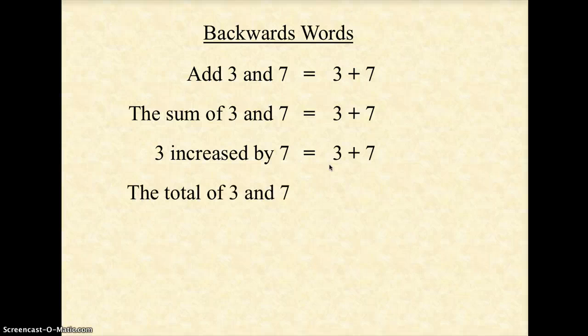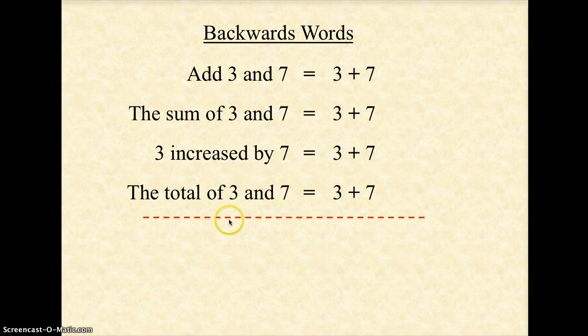How about the total of 3 and 7? You may still write it as 3 plus 7. Of course you can write 7 plus 3, it doesn't matter, but we are looking for the exact translation.